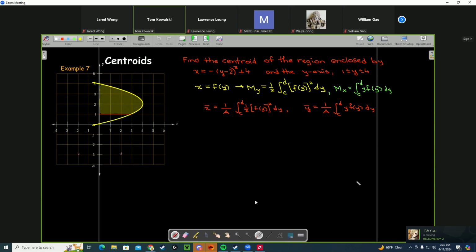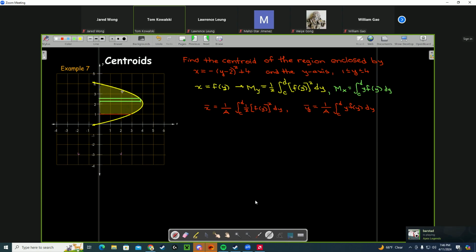Because what I would encourage you to do, what I do in these cases, I say, oh, okay, I have x as a function of y. If I were trying to calculate the area, I would be drawing a rectangle which is thin and its base is on the y-axis.